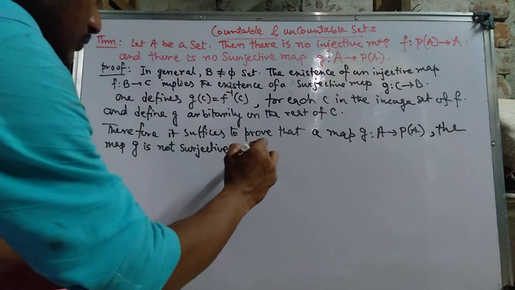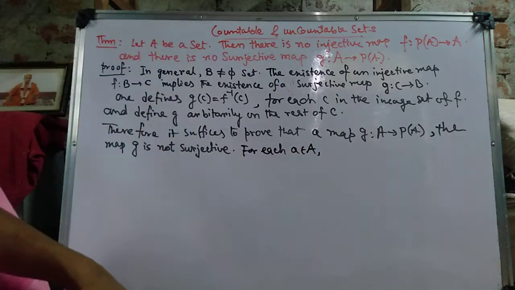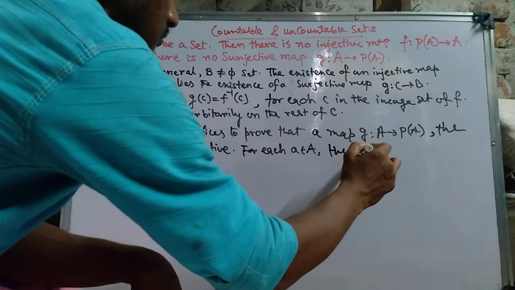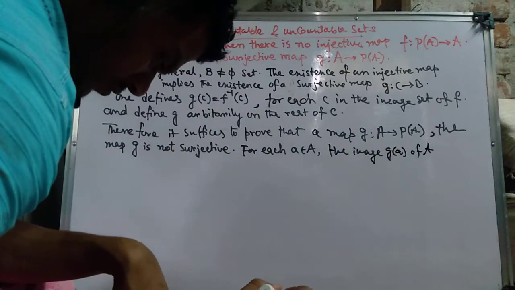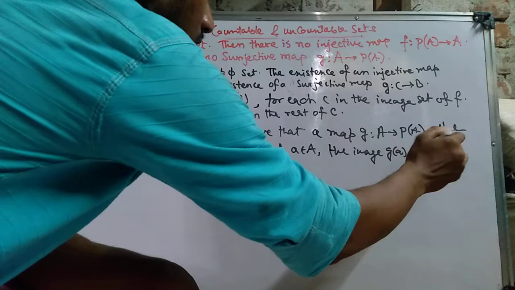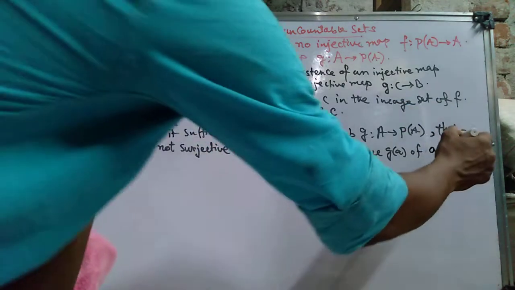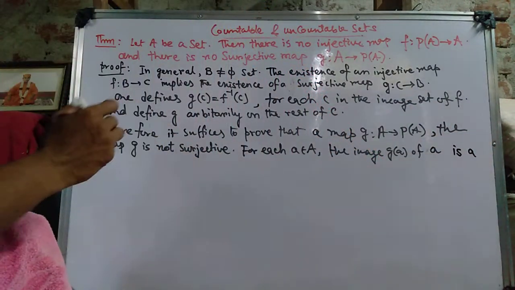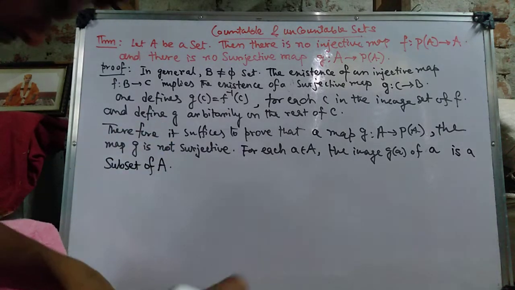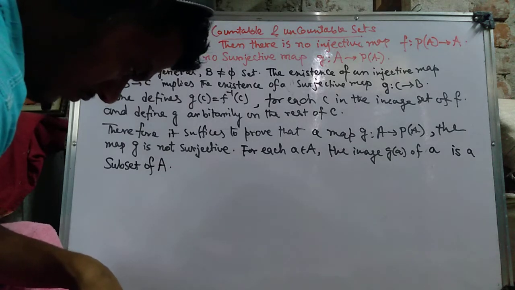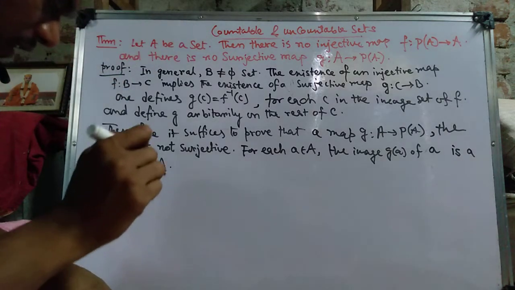For each a belonging to A, the image g(a) of a is a subset of A, which may or may not contain the point a itself.